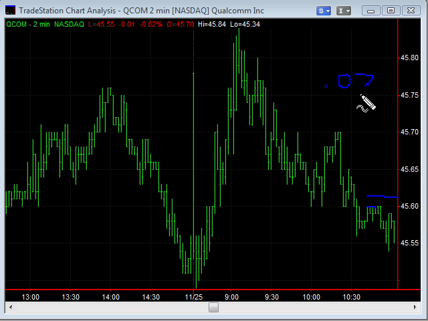Now, here's where the advantage of stocks comes into play. If I was going to sell short 100 shares and risk 7 cents, that would be a risk of $7 for my account, not counting commissions. I could trade 1,000 shares and still risk $70. That is very different than commodities, and I'll show that briefly.